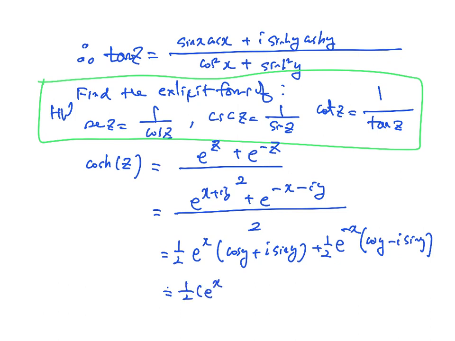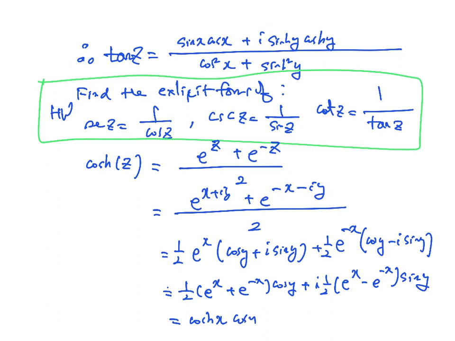So 1/2 exponential x plus exponential minus x cosine y, plus I 1/2 exponential x minus exponential minus x sine y, is cosine hyperbolic x cosine y plus I sine hyperbolic x sine y.